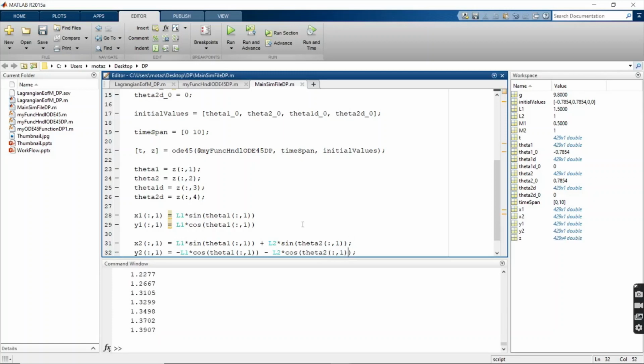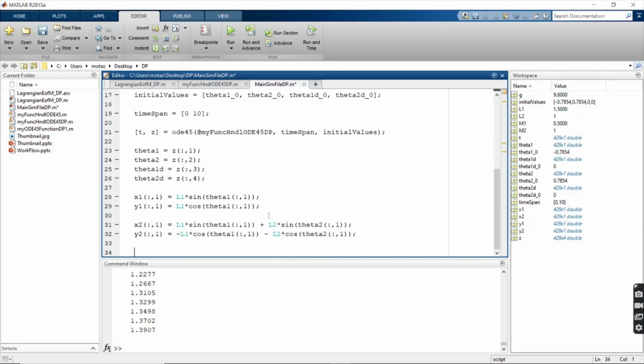Okay, that defines the pendulum's position, x1 and y1 of the first pendulum, and x2 and y2, with respect to time as it goes from 0 to 10 seconds.